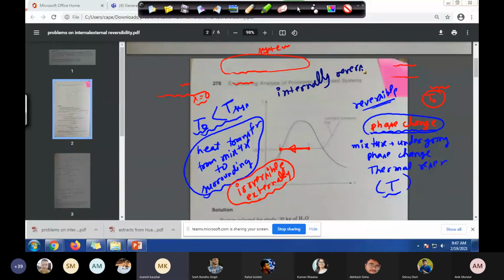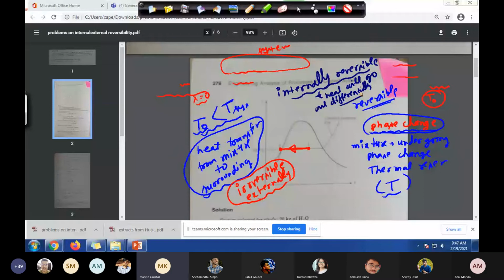So now one can always cross question me when you are saying internally reversible, heat will go out differentially because system is rejecting heat differentially. You can always argue with me. True, but we'll stick with our original definition of a quasi-static process.